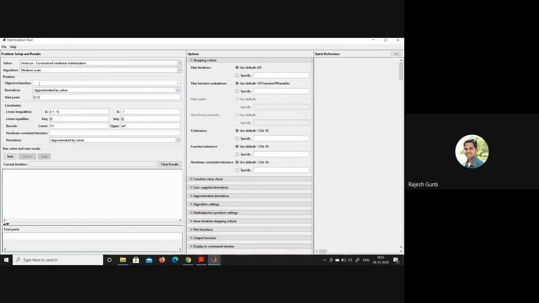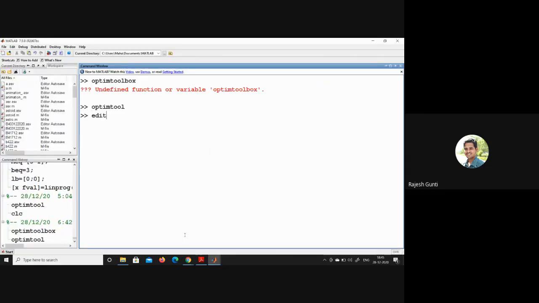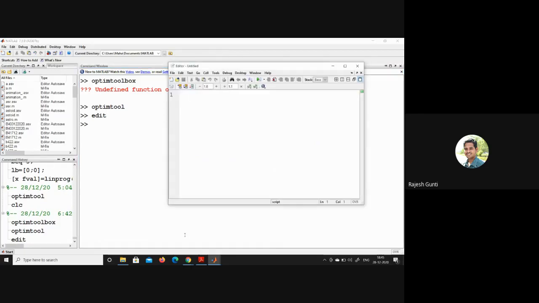Now first we have to create one objective function, one M file. In that file we have to write the objective function. For that I am taking a new M file. Function f is equal to any name, B428. Input is x. f is equal to x1 square plus x2 square.